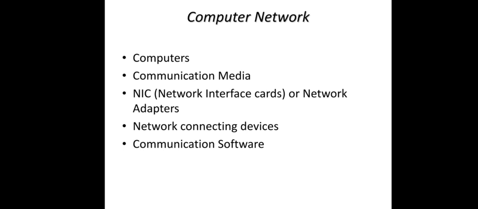So how to communicate between two entirely different systems? We need some software to provide this communication between heterogeneous computers, and that is the communication software. So all these together form the computer network.